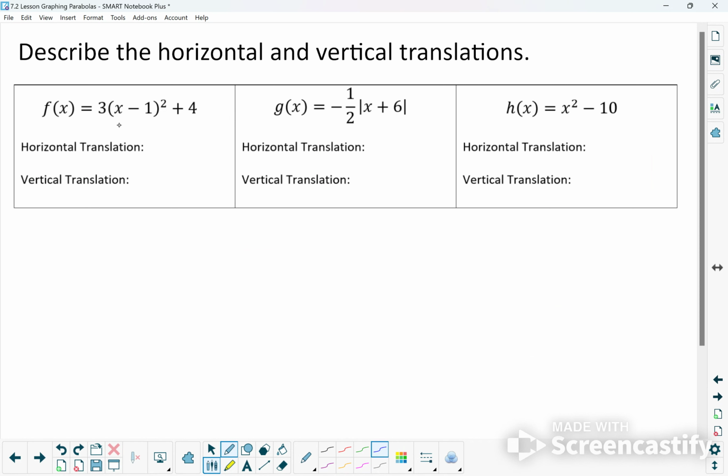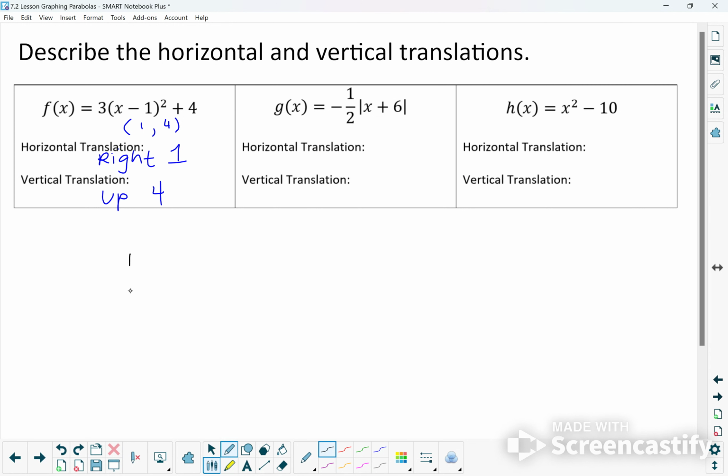So looking at this function, I can see that the vertex is at (1, 4). That means that this was shifted to the right by 1 unit, and it was shifted up 4 units. And again, we're always comparing to the origin.